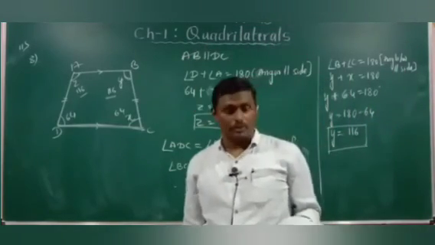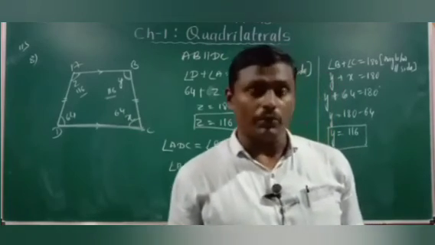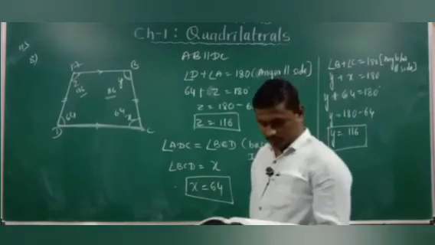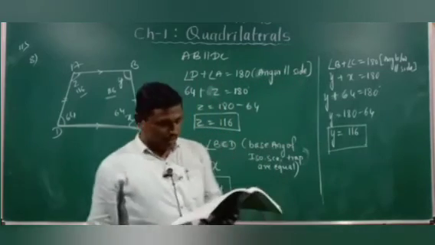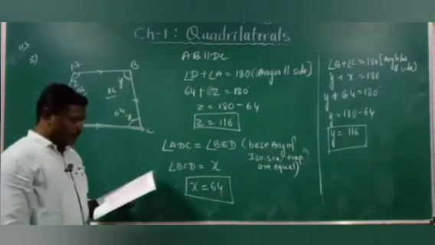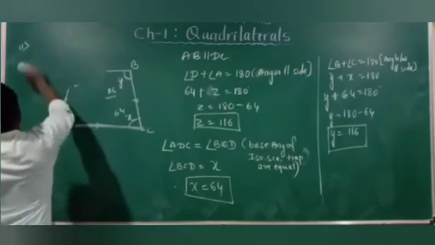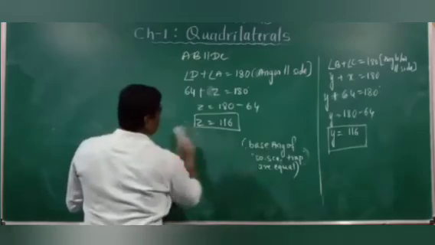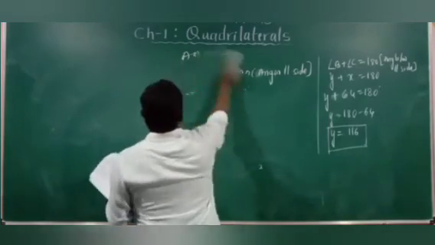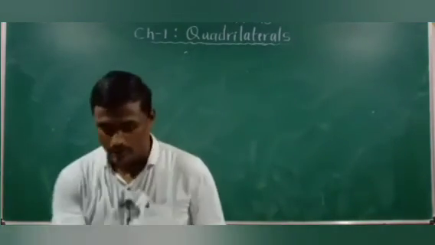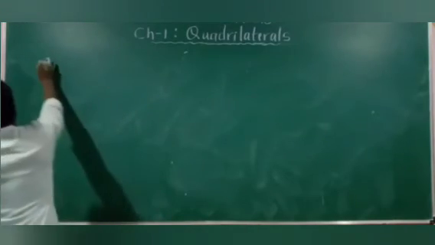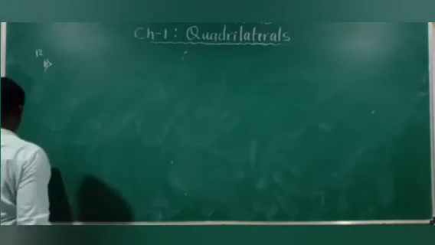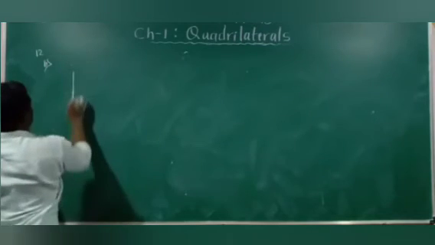I take the second question from the 12th main question. What is given here? A rectangle. The remaining questions you need to solve by using the same properties. The figure is like this.